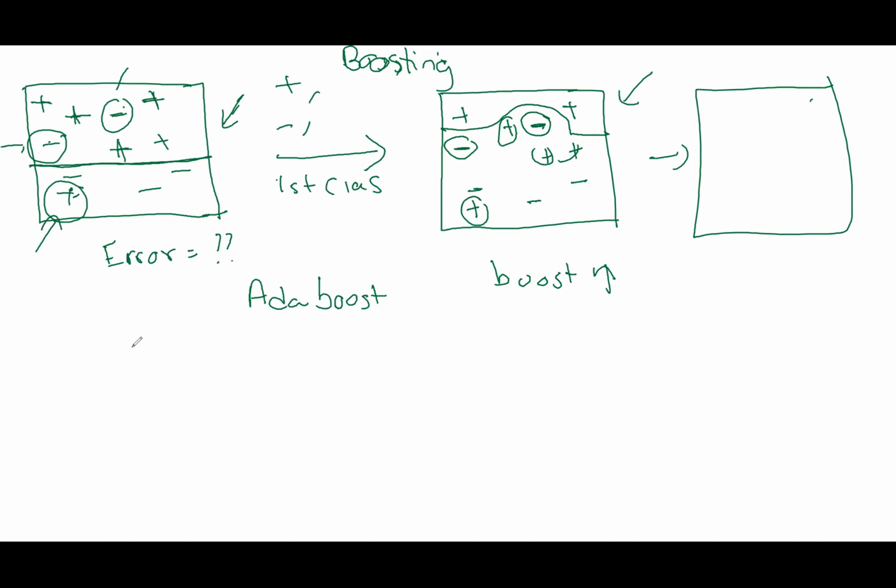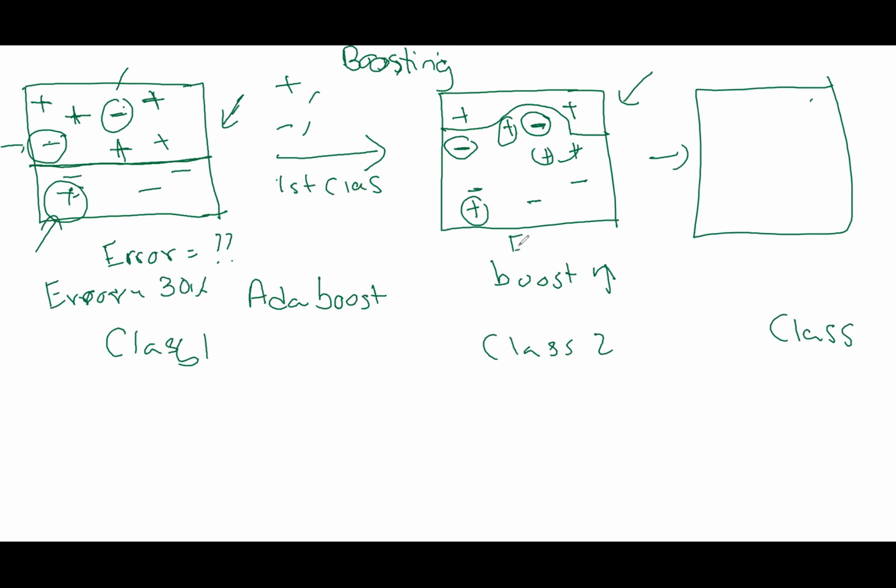So now you have classifier 1, classifier 2, classifier 3. The output is again a combination of these classifiers. Let's say this error is 30%.